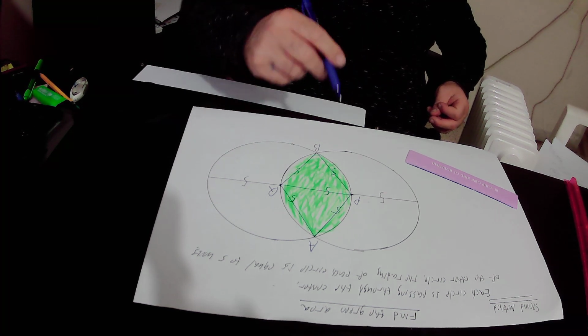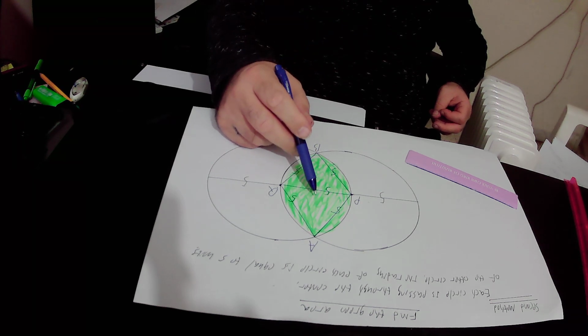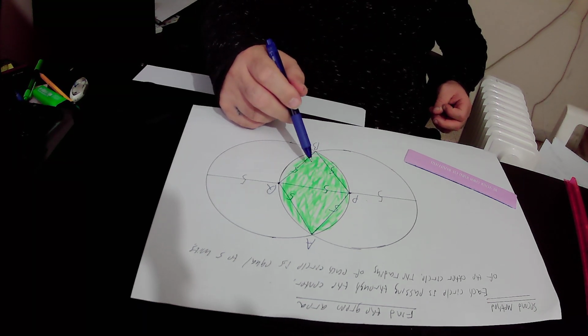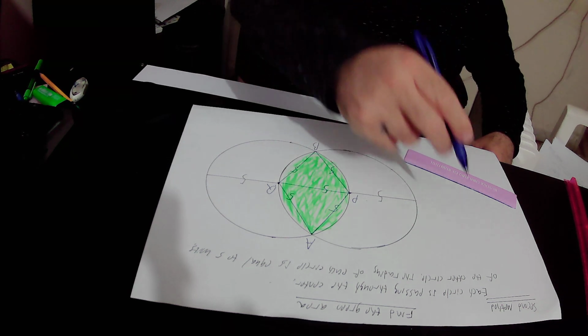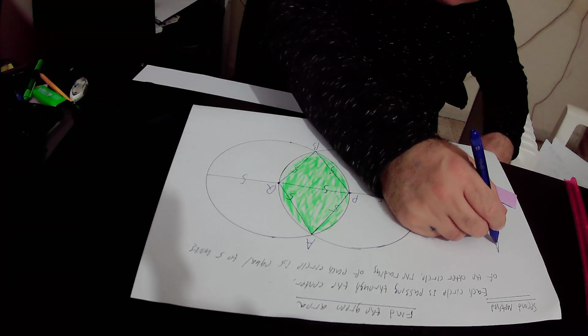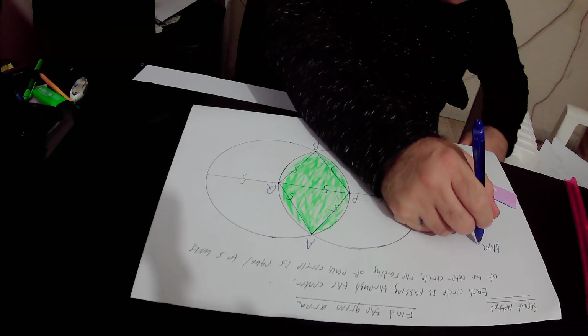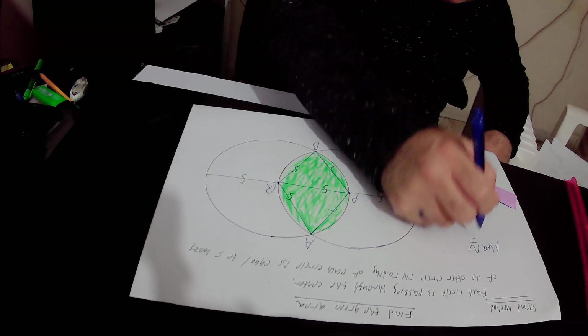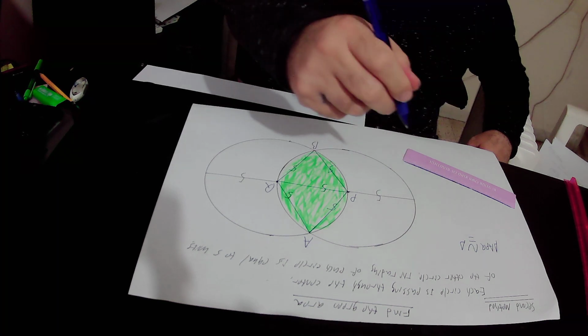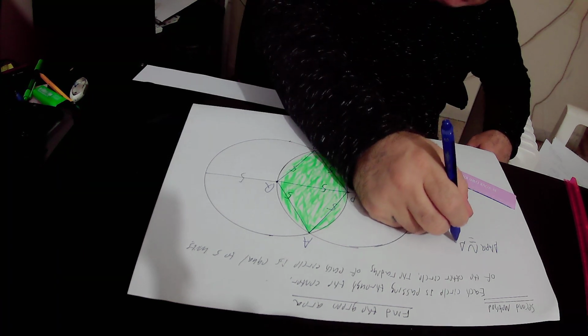And the equilateral triangle APQ is congruent to the equilateral triangle PBQ. I will write it down. The equilateral triangle APQ is congruent to the equilateral triangle PBQ.